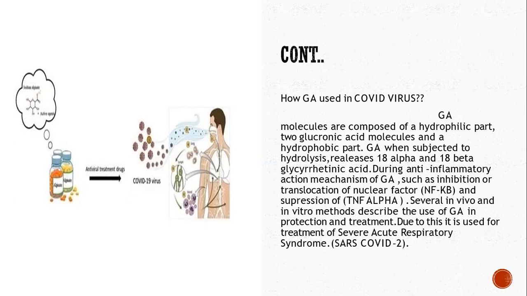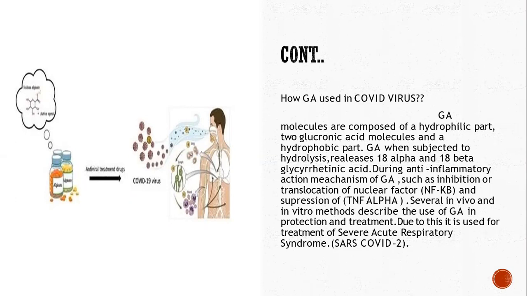In the anti-inflammatory action mechanism of GA, there is inhibition or translocation of nuclear factor NF-kB and suppression of TNF-alpha. Several in vivo and in vitro methods describe the use of GA in protection and treatment.